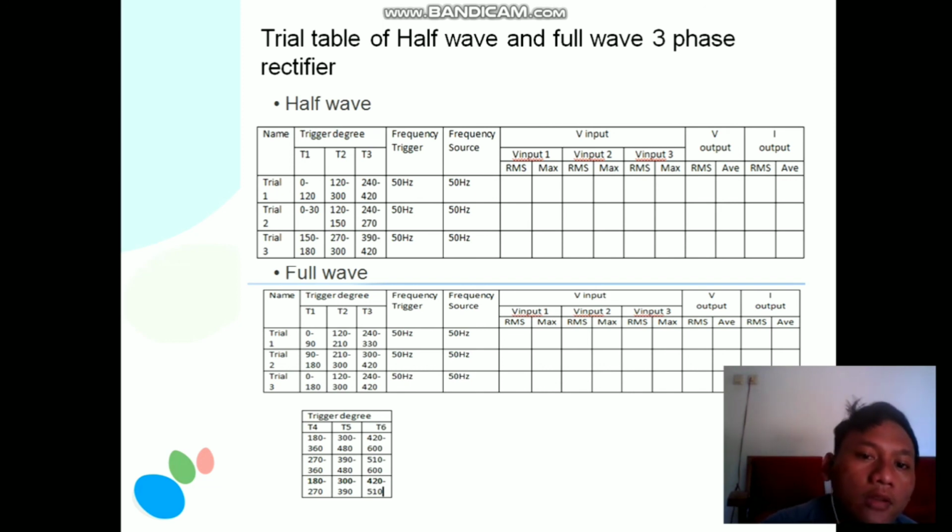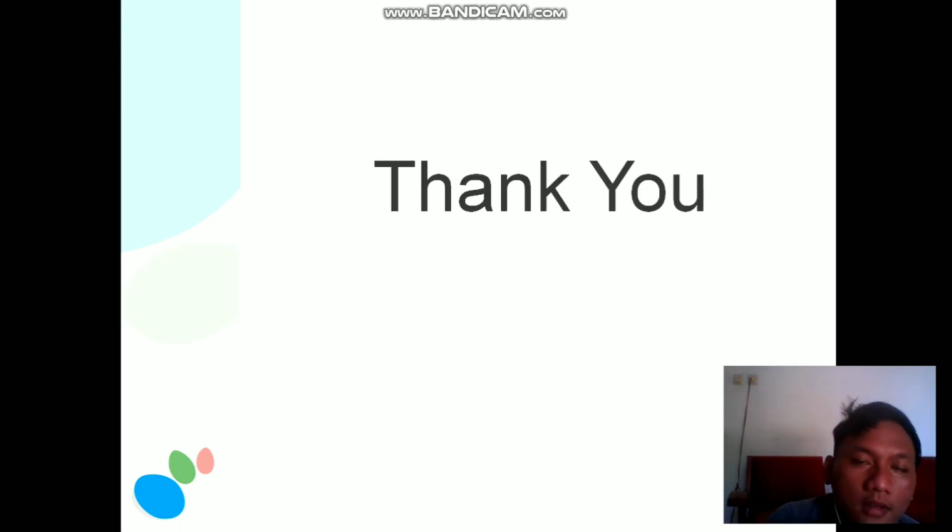The full wave is similar to the half wave, but with additional items: in trigger degrees they have T4, T5, and T6 as additional. Maybe that's all my explanation about module 5 on the three-phase rectifier.